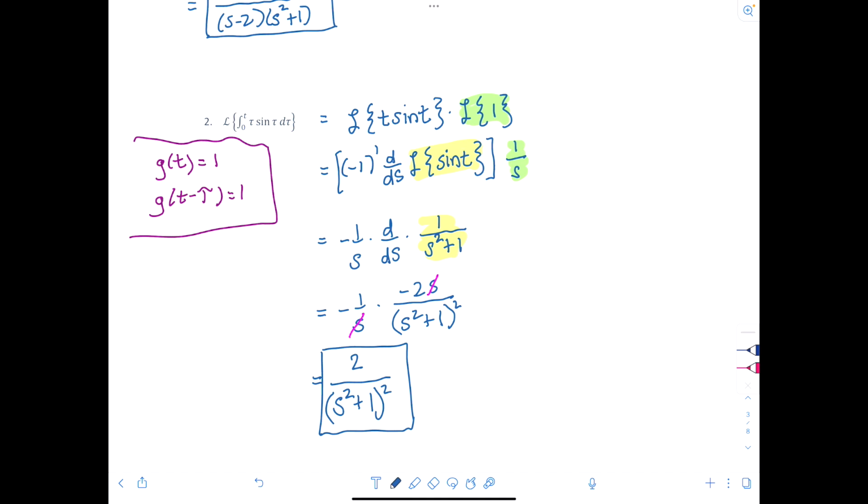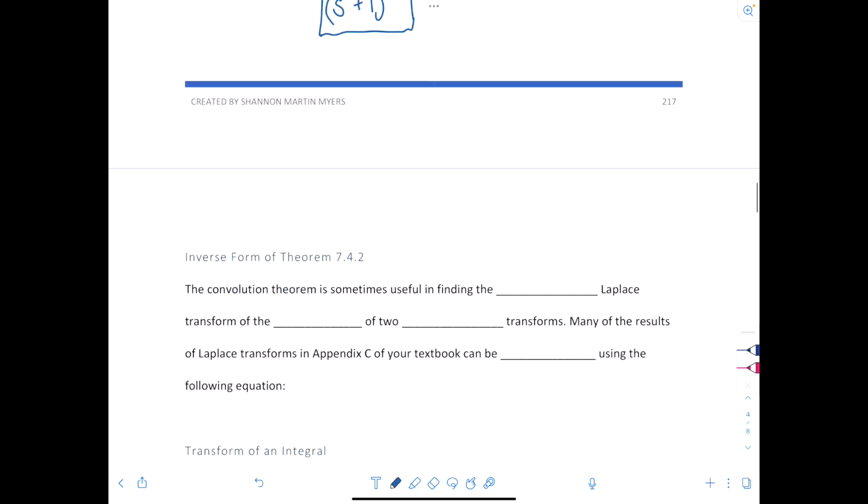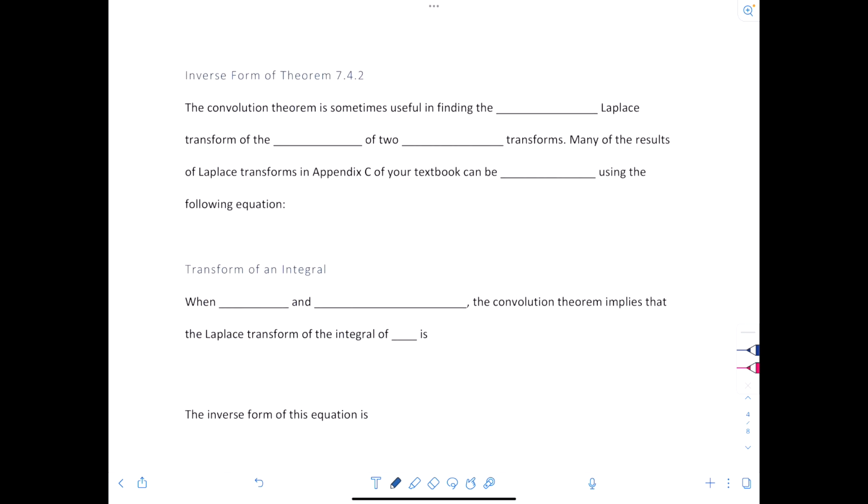Okay, so now let's take a look at some other cool stuff. The inverse form of that last theorem. All right, so the convolution theorem is sometimes useful in finding the inverse Laplace transform of the product of two Laplace transforms, right? So many of the results of Laplace transforms in Appendix C of our text, or you could probably search for online for Laplace transforms, can be derived using the following equation.